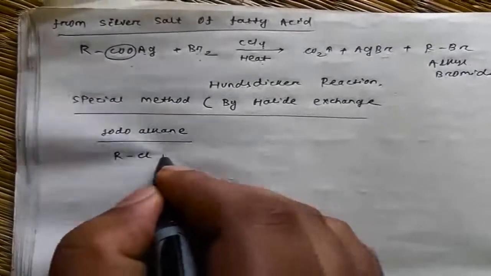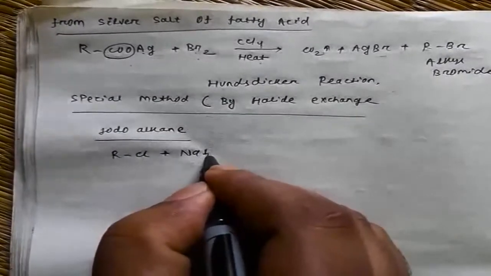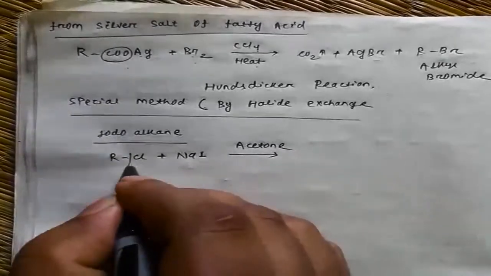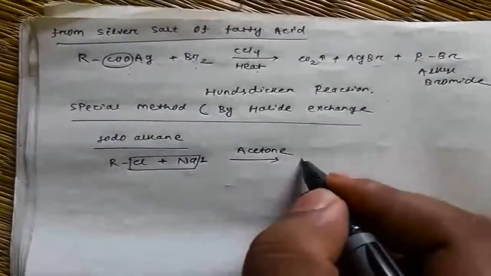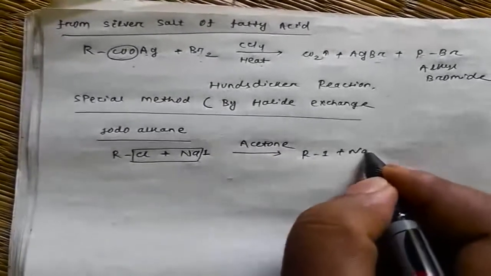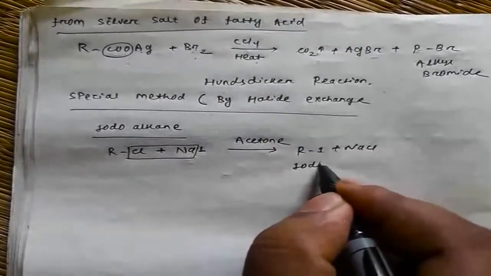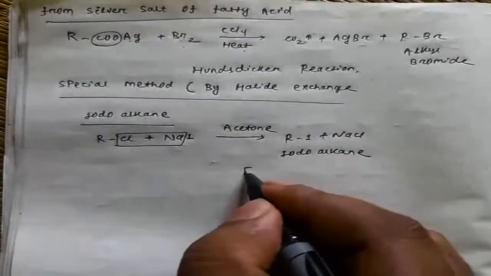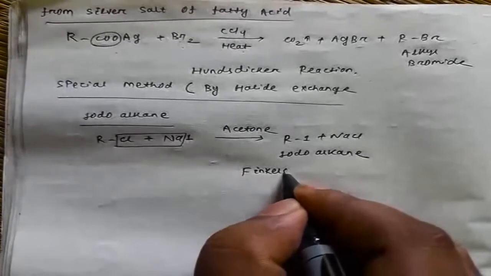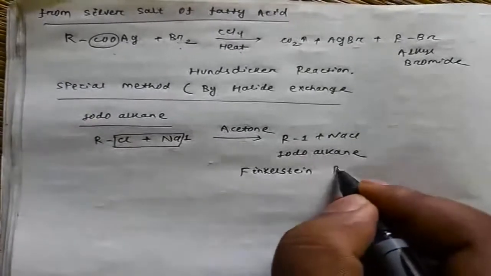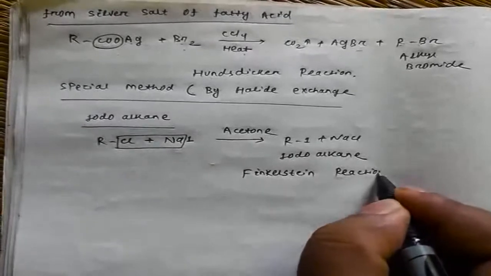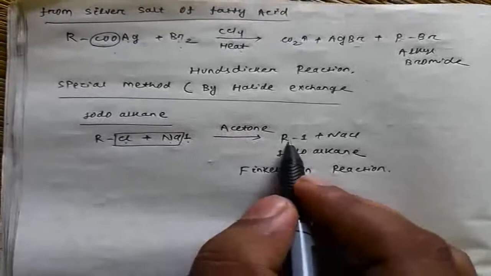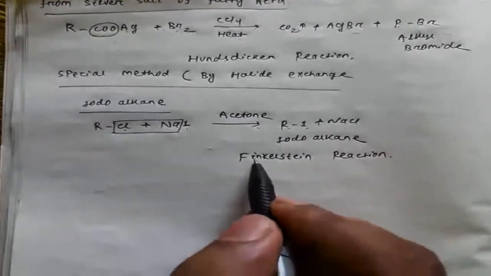Alkyl chloride reacts with sodium iodide in presence of acetone to give RI plus NaCl, that is iodoalkane. This special method of preparation of iodoalkane is called the Finkelstein reaction. So alkyl chloride reacts with sodium iodide to give iodoalkane in presence of acetone.